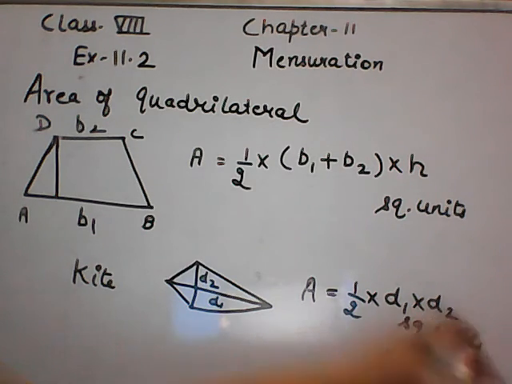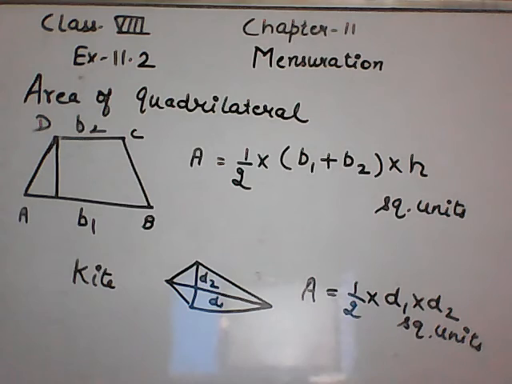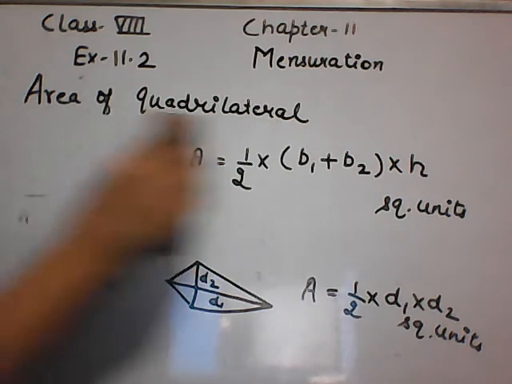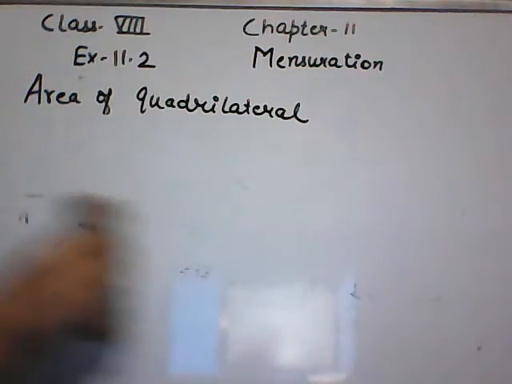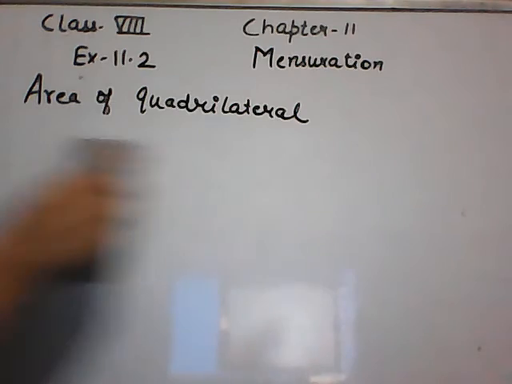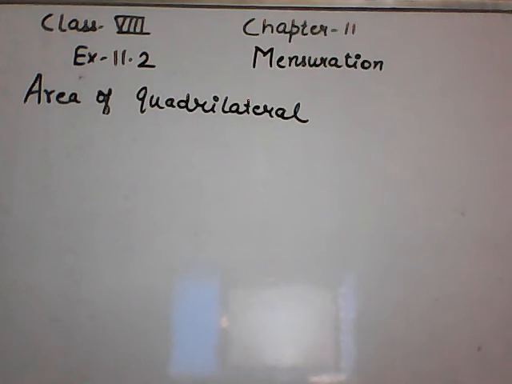Next is the general quadrilateral. These quadrilaterals are parallelogram, rhombus, trapezium, kite, and so on. Suppose the type of quadrilateral is not given to you.